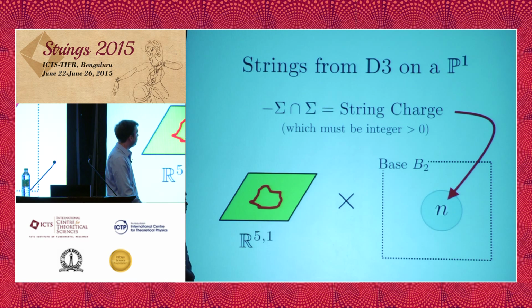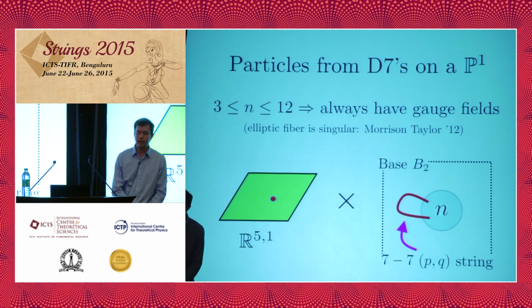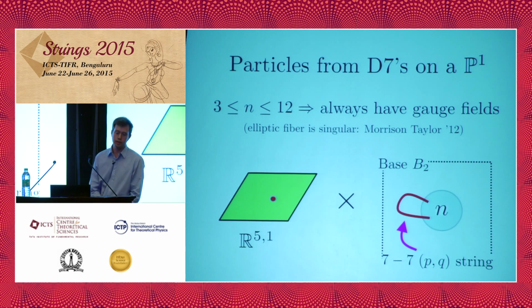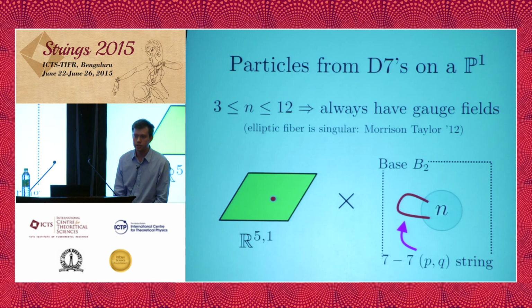OK, now, so far all I've talked about is D3 branes in this, but one of the interesting facts about these F-theory compactifications is that sometimes other details are forced on you. It's not like you have a choice sometimes. Sometimes they're just forced on you by consistency of making a compactification in the first place. One of those conditions is that if the self-intersection gets too big, or too negative, so if it's between -3 and -12, then what you find is that actually there's always 7-branes wrapping that curve as well.